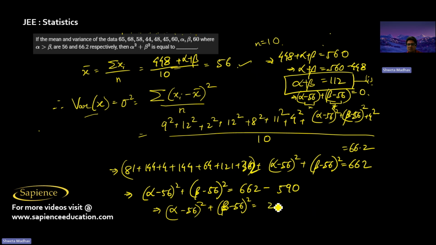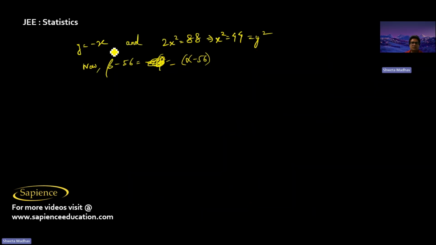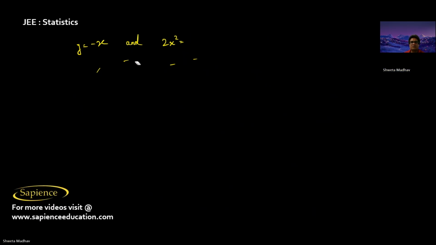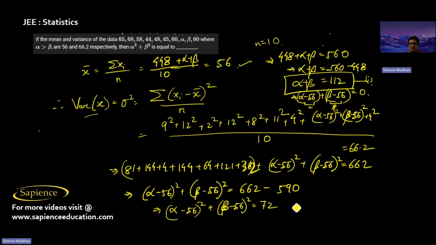So this will be 272. So therefore, y equal to minus x and 2x square, that is equal to 72. Since y square, from here I can say x square plus y square will be 72.